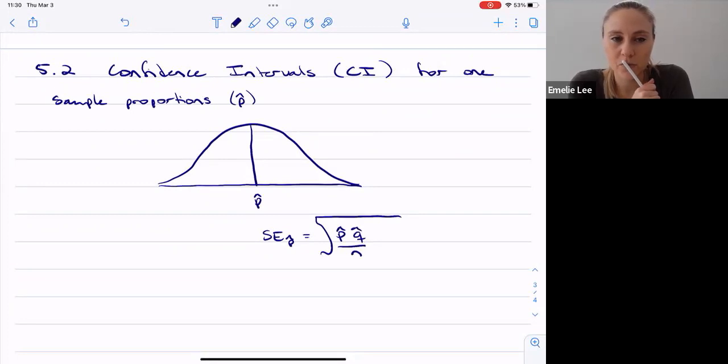Now, if we kind of put our blinders on, and I asked you how many standard errors would I need to go around p hat to capture the central 95%, I would have to move out 1, 2, right, from the 68, 95, 99.7 rule.